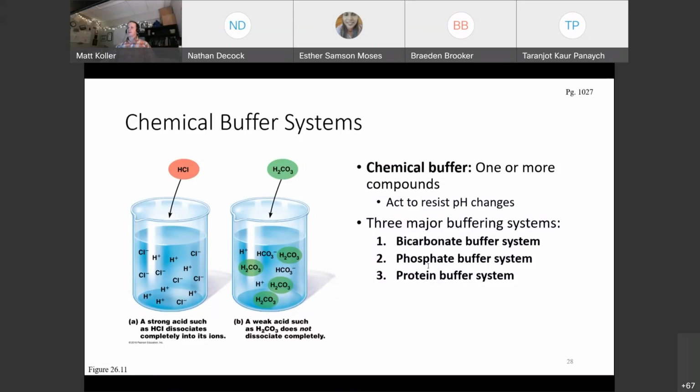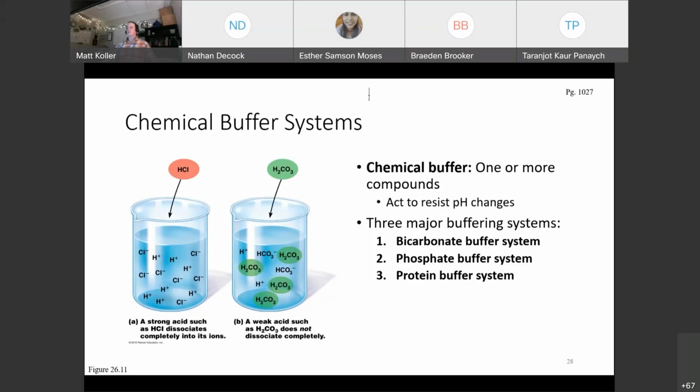And here we see listed 3 buffering systems. So there's the chemical buffering system, right? So bicarbonate, phosphate, and protein buffer system. There's also the brain stem respiratory centers, so breathing. And then there's renal. So really, you have chemical buffer systems, you have brain stem, breathing quicker, and then you have renal, which basically means your kidneys, right?